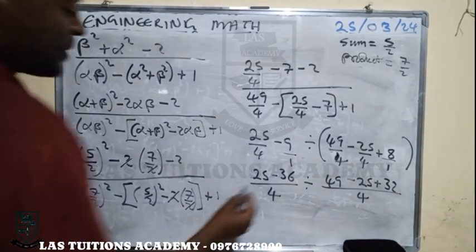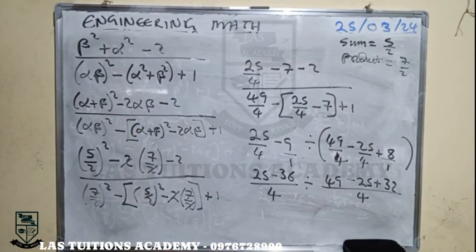So when we add what is on top here, what do we get? What is 25 minus 36? Negative 11.